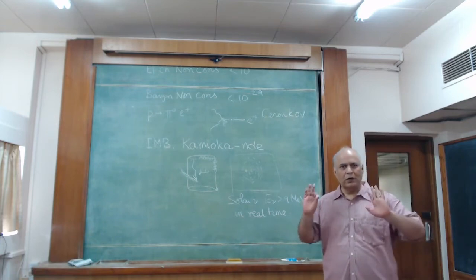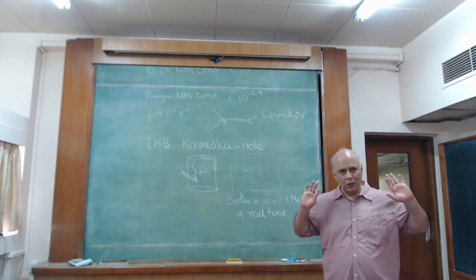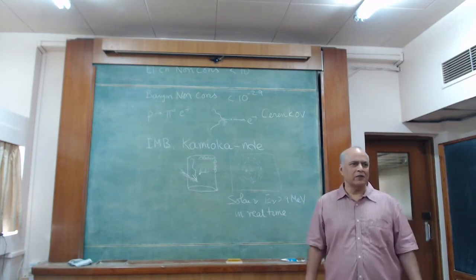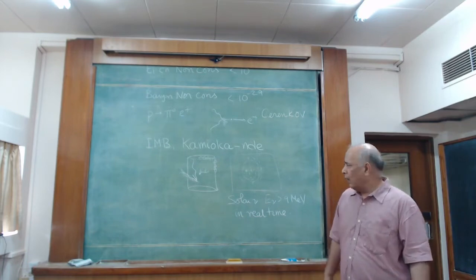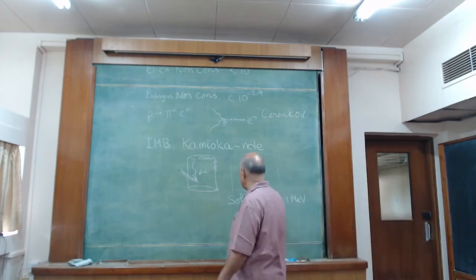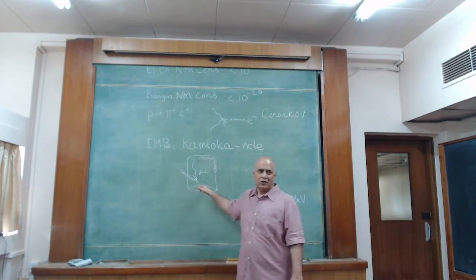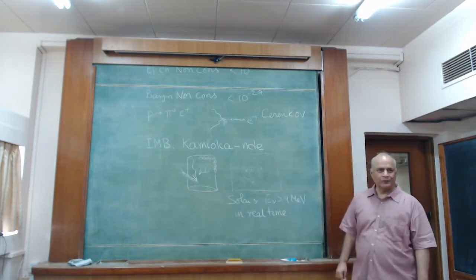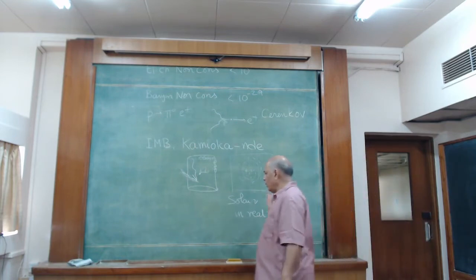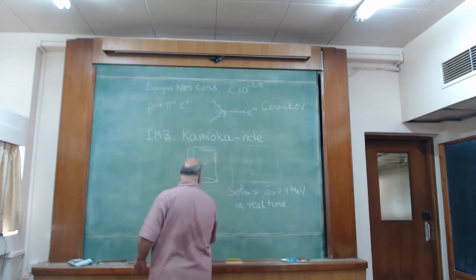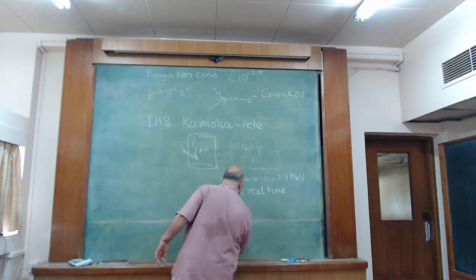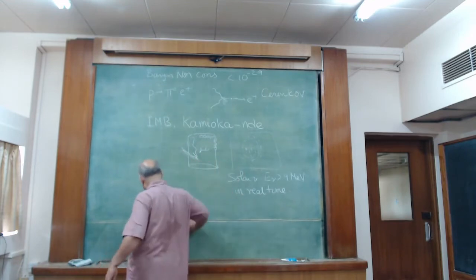So that gave a very impressive support to Ray Davis's observation of the solar neutrino deficit. And because of the limited coverage, IMB was not sensitive to these low energy neutrinos. But that is the secondary thing as far as these experiments are concerned.